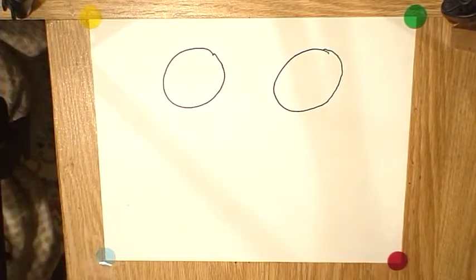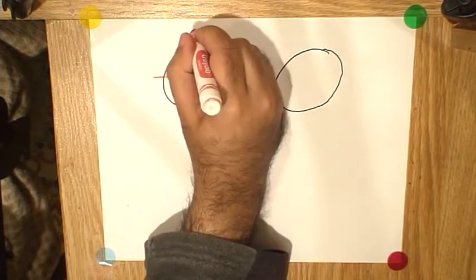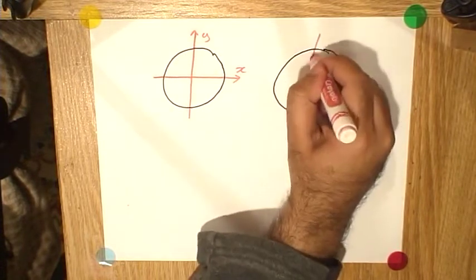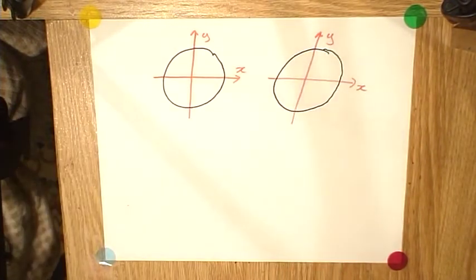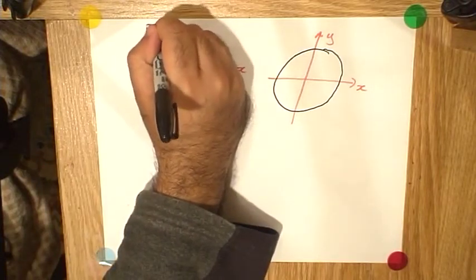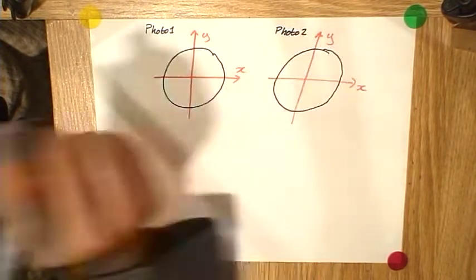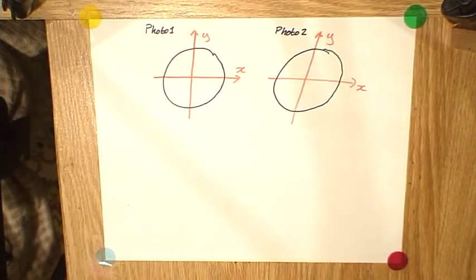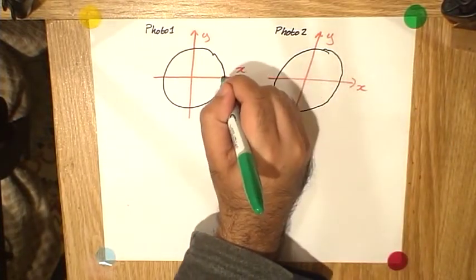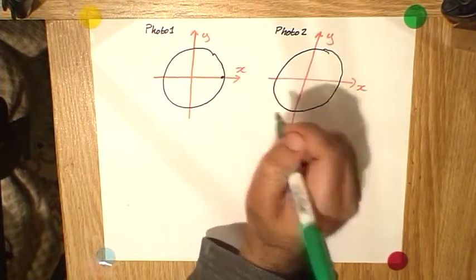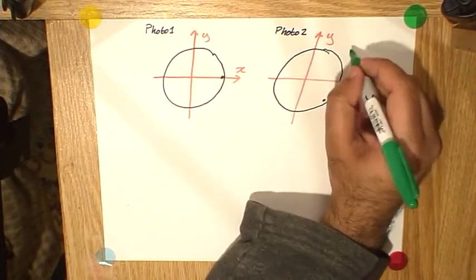I'm first going to draw the axes. So there's x and y, and there's x and y in photo 2. Just for the sake of clarity, I'm going to draw a marker over here. And I'll draw it over here as well, just to show that this thing has rotated.